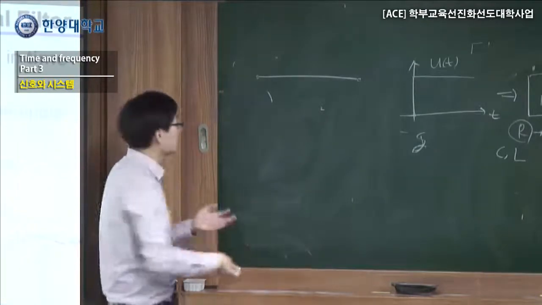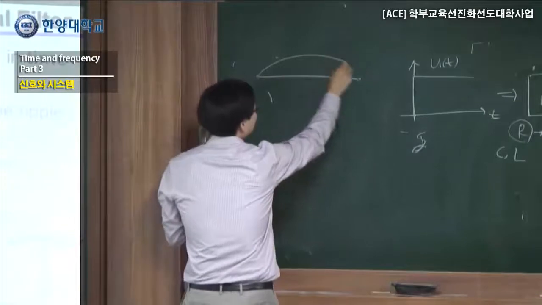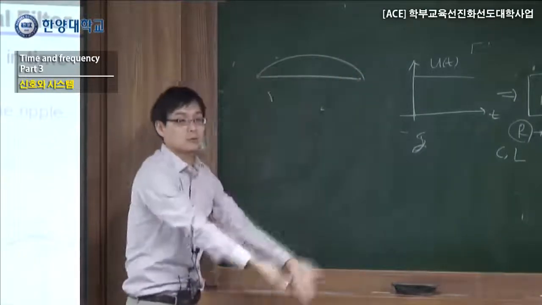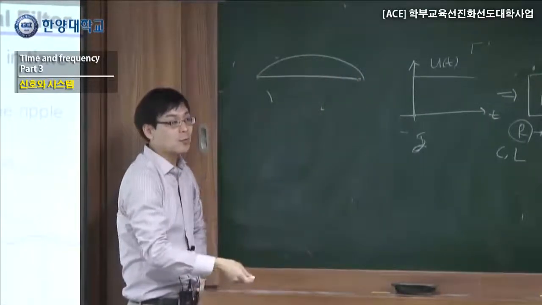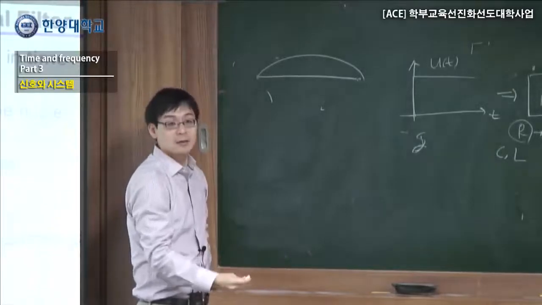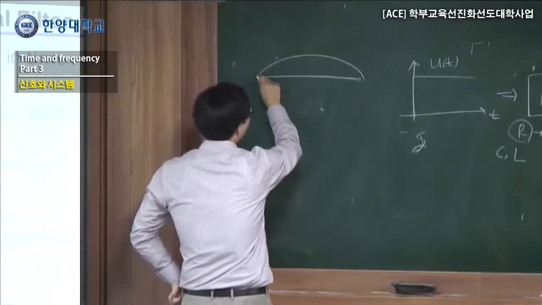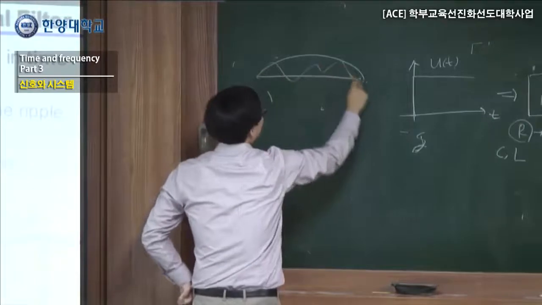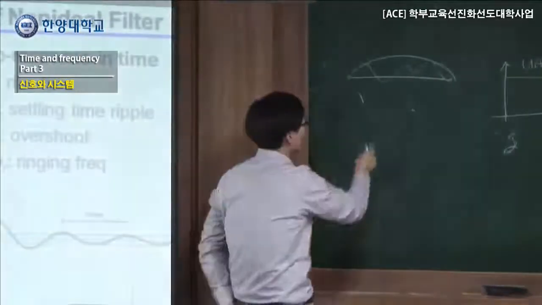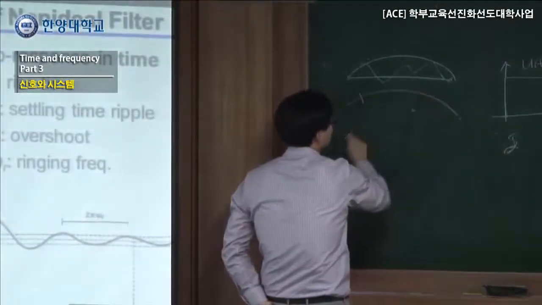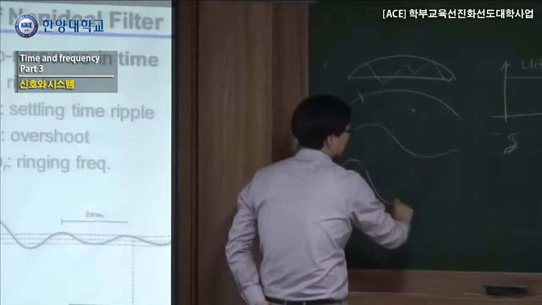The easiest thing you can make is like this. They go up, go down, go up, go down. If you give a pulse much faster, then sometimes they look like this, sometimes like this, and sometimes like this.